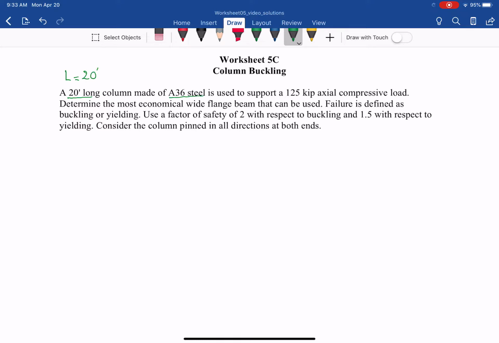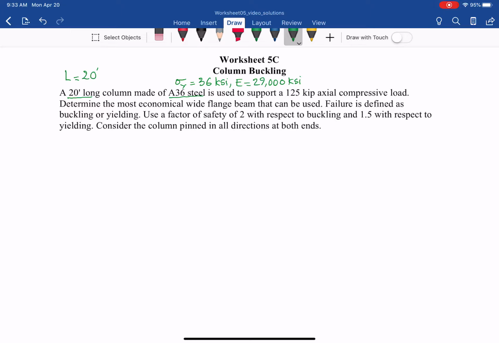A36 steel, which we have sigma yield equal to, if you don't recall, go to appendix B, 36 KSI, and we also know E for the steel equal to 29,000 KSI. So that is appendix B.